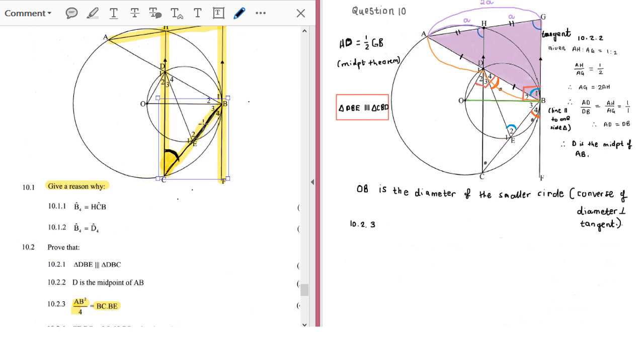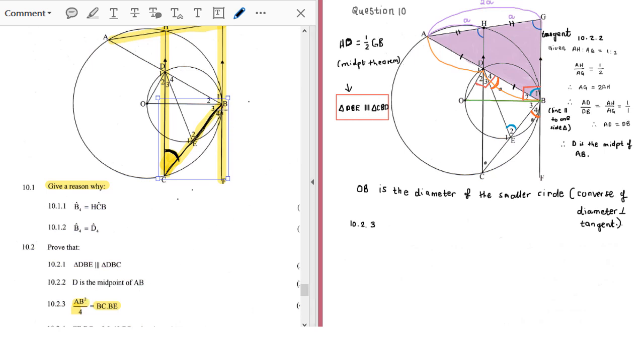Now notice that those two sides come from this similarity that we worked with before. BE is the smaller side and BC is on the larger triangle, which means that we are most definitely going to have to use the similarity to get those proportions. What else do we need?